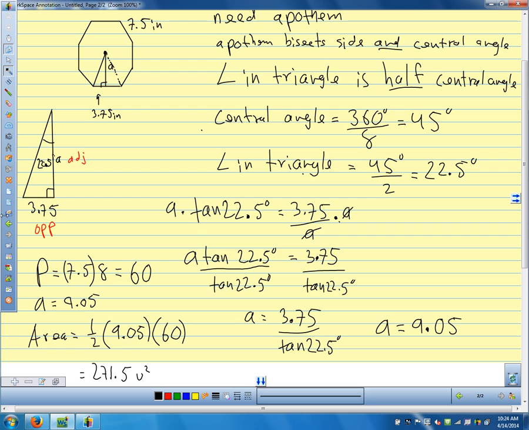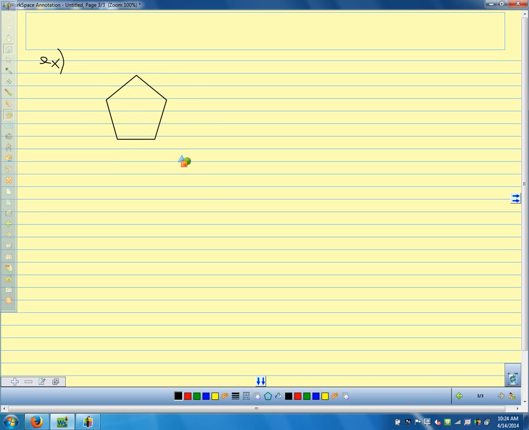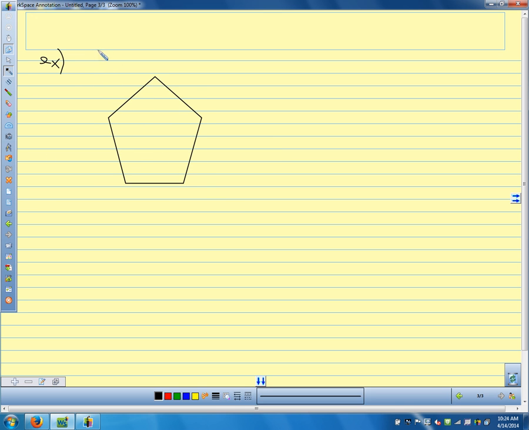Okay, let's look at another one. It's a little bit different pieces of information here. So this one we have a pentagon. So here's my pentagon.